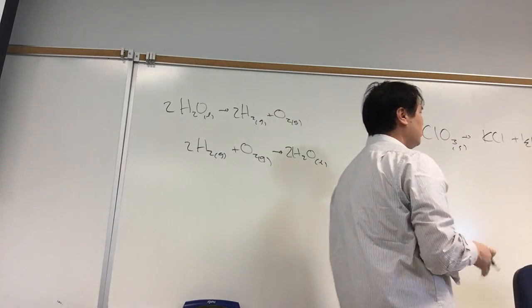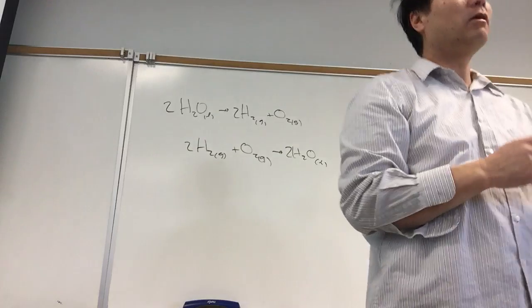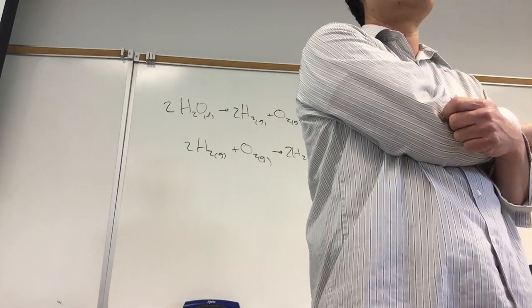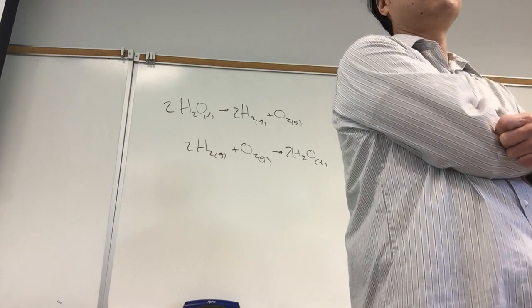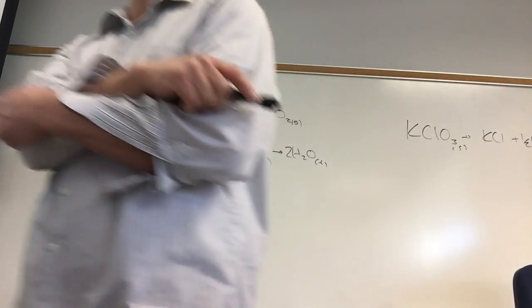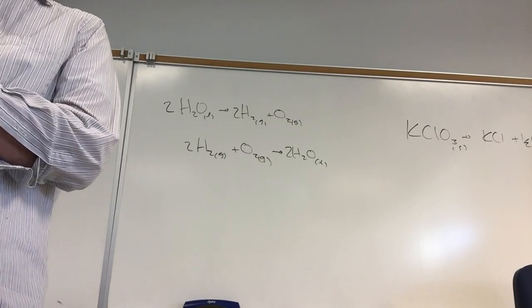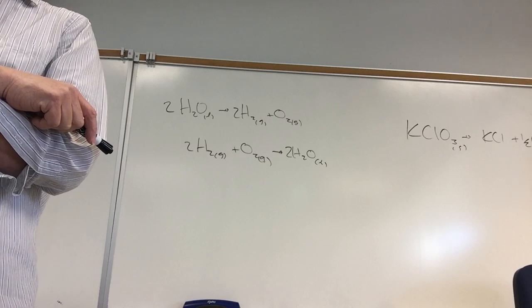All elements in the elemental form are going to have zero, and these are compounds, so there's got to be a redox. I don't actually calculate it. I look at that and I see that's got to be a redox reaction. It can't be acid-base or metathesis, it's got to be redox. I'm so familiar with the oxidation states of these things, I can just see it right off.